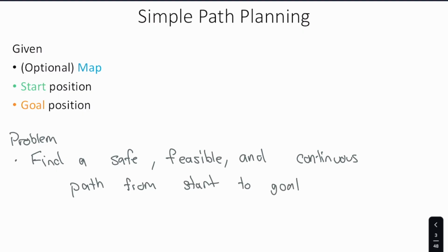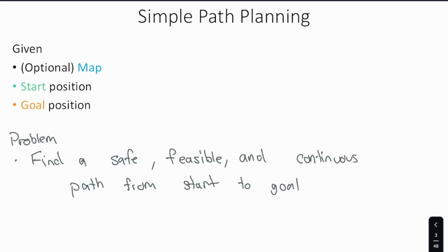So we're looking to find a path from the start to the goal location, and what I mean by safe is that we could define some boundaries, like we're not getting too close to obstacles. Feasible is just a little more strict on this same concept, meaning we're not allowed to drive through obstacles and we have to consider them.